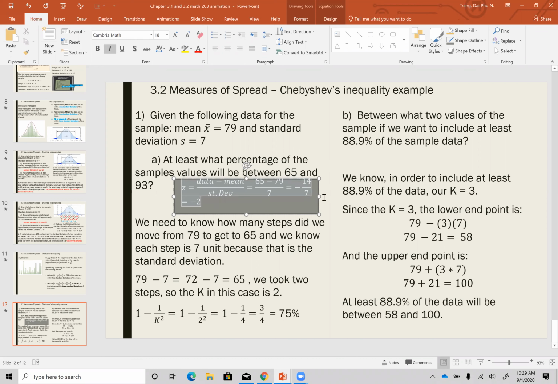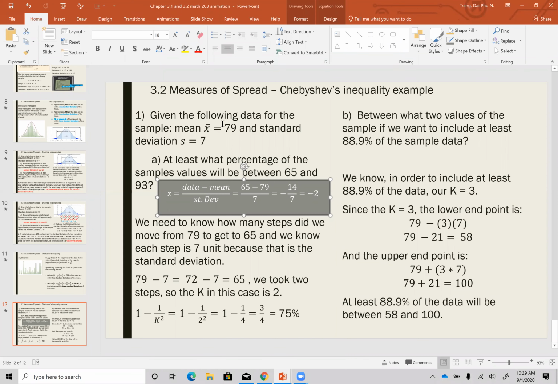So this negative 2 basically tells you that you need to take 2 steps below, right? And again, if you take the 93, you will see that it's equal to 2, which is how my K is equal to 2.